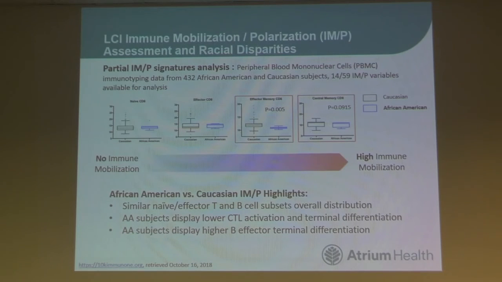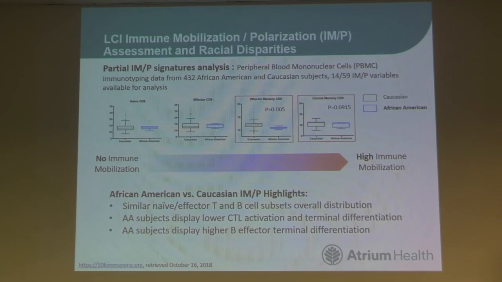But when you look at very specific immune phenomena, what we can see, for instance, is something called low terminal differentiation of effector CD8 cells. Does it mean that African Americans somehow are immune deficient?